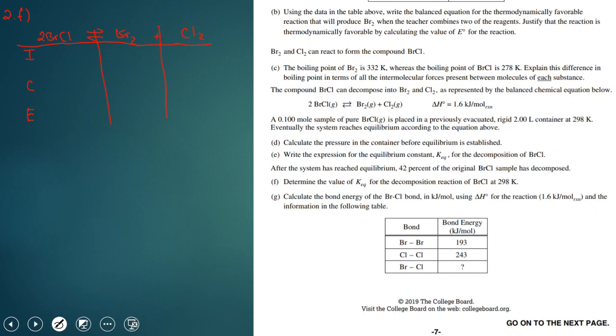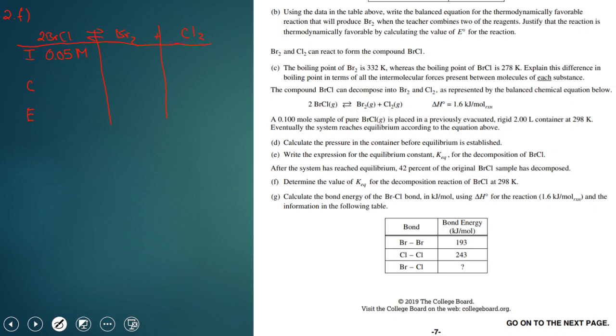So in terms of our initial concentrations, what are we given? Well, we're given that we have 0.1 moles of BrCl in this sample and it's placed in a 2-liter container. So what we can get is 0.1 moles divided by 2 liters, so 0.05 molarity.